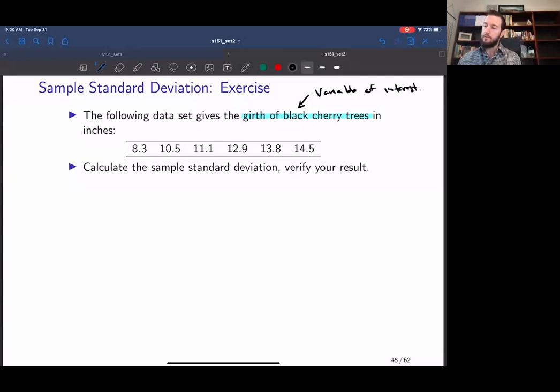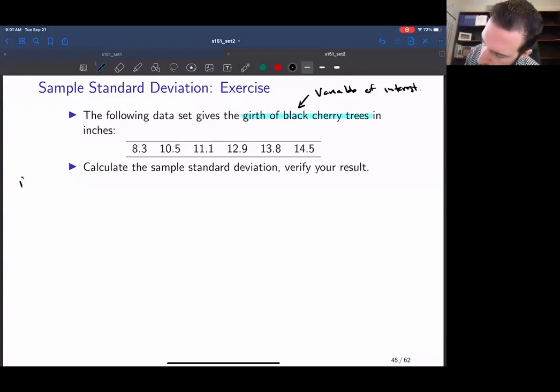We want to calculate the standard deviation and verify the result. So effectively what this means when it says verify is compute in 2 different ways, so we want to check our work. We're going to use the defining formula, and then we're going to use the computing formula. And then we're going to check to see if those 2 answers match up, which we know they should.